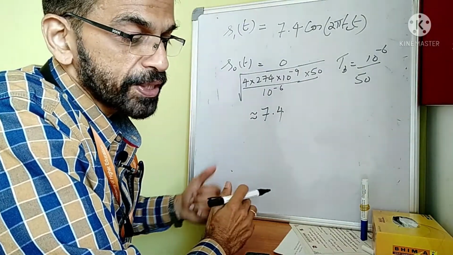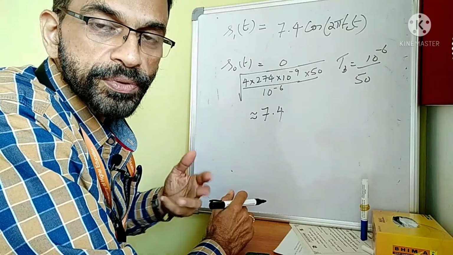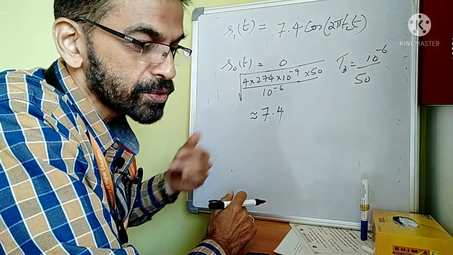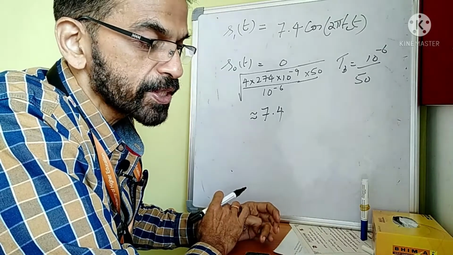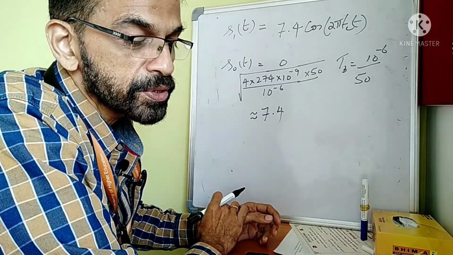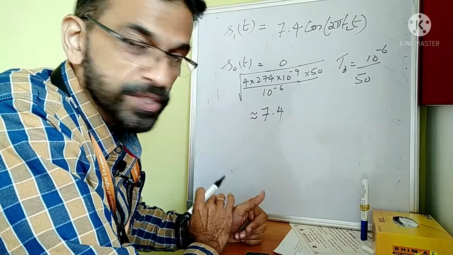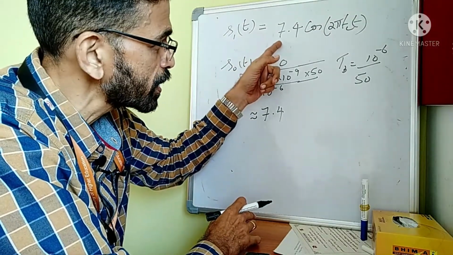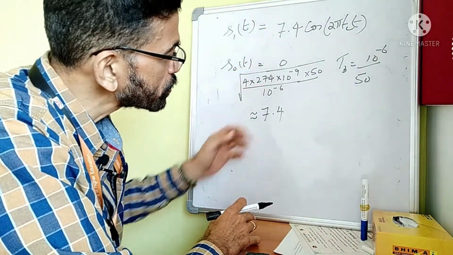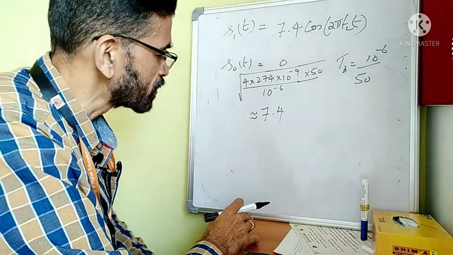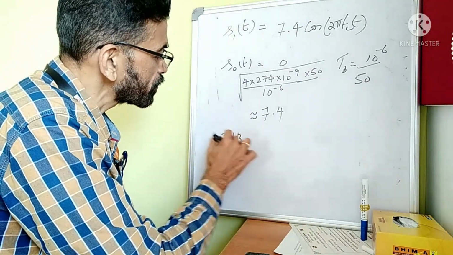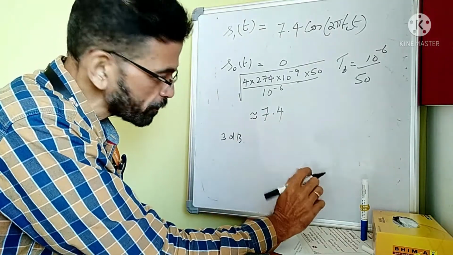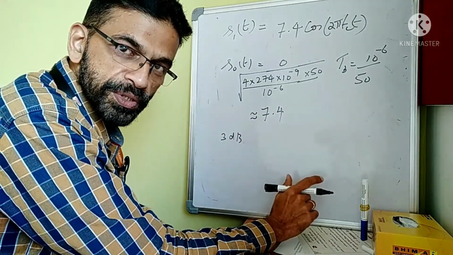Now it is said in the statement that the attenuation of the signal from transmitter to receiver is 3 dB. So the 3 dB attenuation is a power attenuation. And the question is what should be the amplitude of the transmitted signal. So this is the received signal; the received signal amplitude has to be this. Now what should be the amplitude of the transmitted signal? Since the attenuation is 3 dB from the transmitter to the receiver, this is a power attenuation.